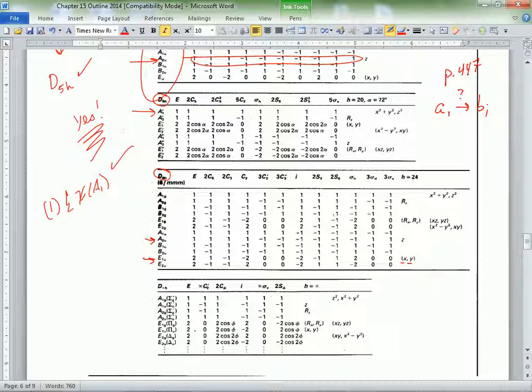And sometimes what they do is, instead of adding them all up, they just say, oh, look at this. This one matches, I don't know, the E1 irrep or something. So then you don't have to worry about it. If your answer matches something in here, you just quit right there and say, no way.